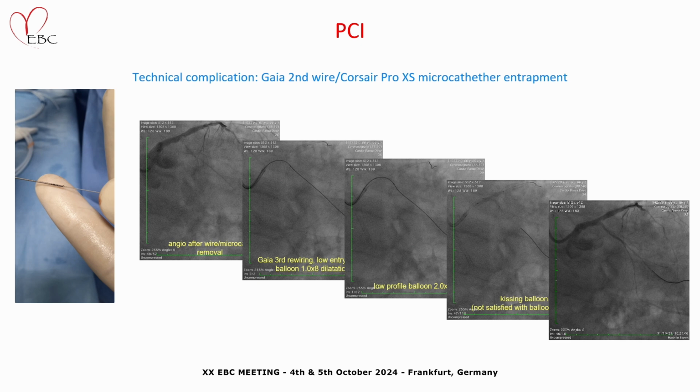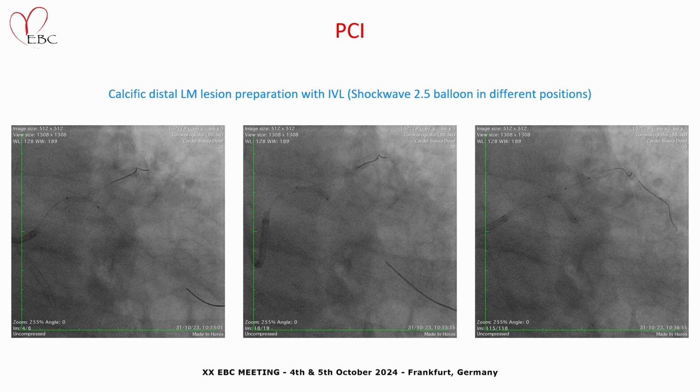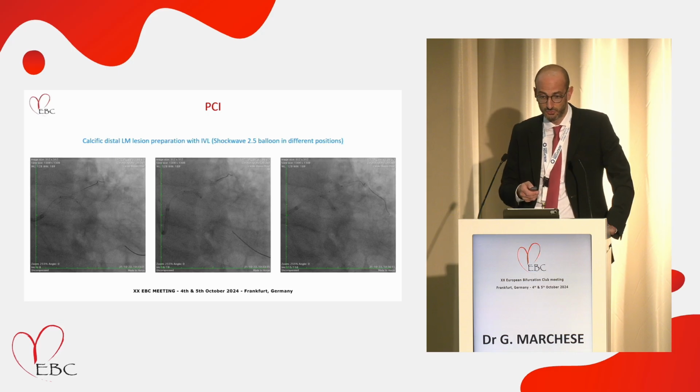So at this point we decided that we need to crack something, and we opted for the IVL treatment with a 2.5 shockwave balloon. We always do the dilatation, but we deliver the impulses in different positions just to have different angles of delivering the energy and the shock waves to the plaques.